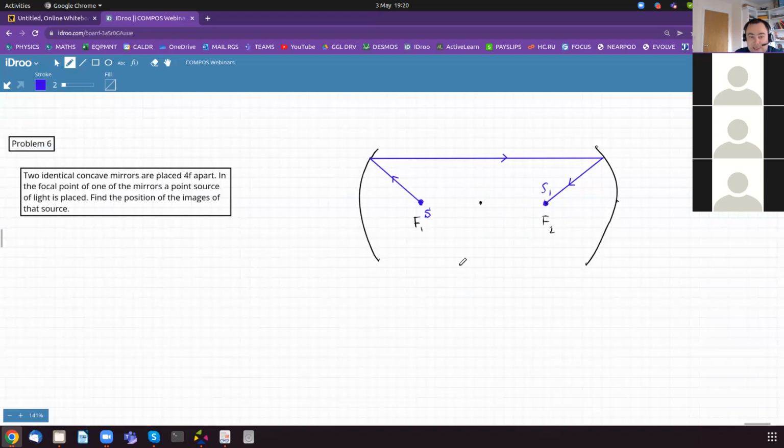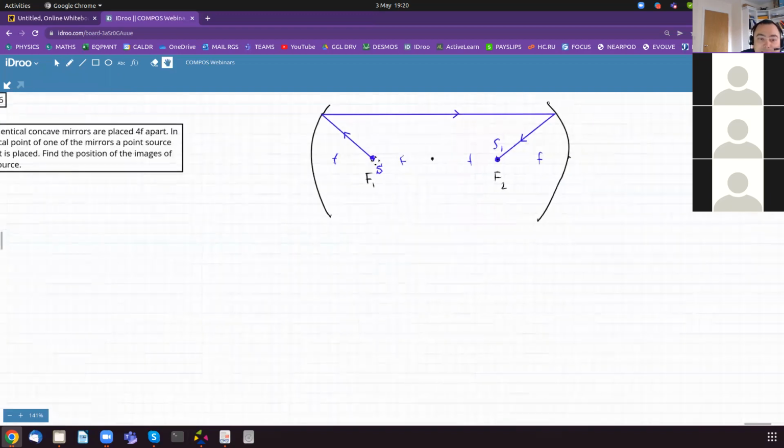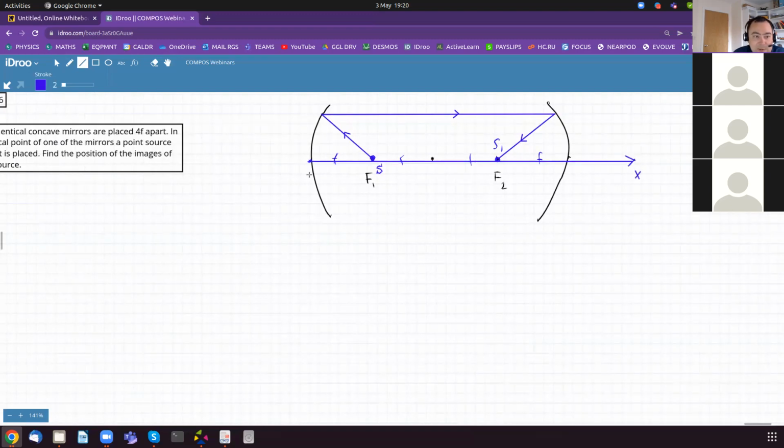To find the position of that image, we know that this is F, this is F, this is F, this is F. We need to find the position of the second image. We're measuring distances from the left mirror, and let this be X. This is 0.